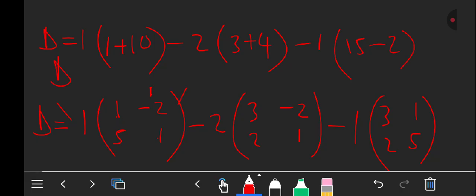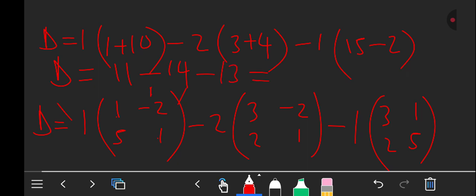So the determinant for the original matrix will be equal to 1 plus 10, that is 11. So we'll have 11 times 1, which is still 11. Minus 2 times 3 plus 4, 7. 7 times negative 2 will be negative 14. Then minus 1 times 15 minus 2, that is 13, 13 times negative 1 is just negative 13.